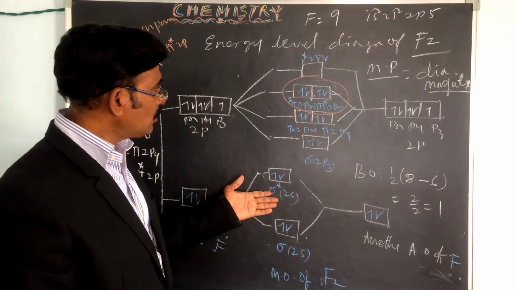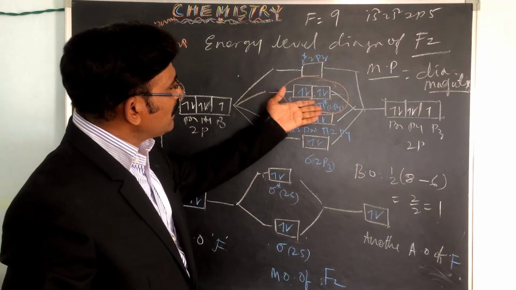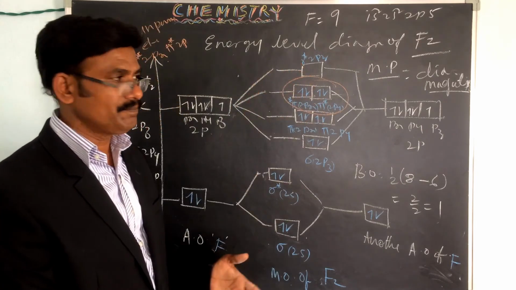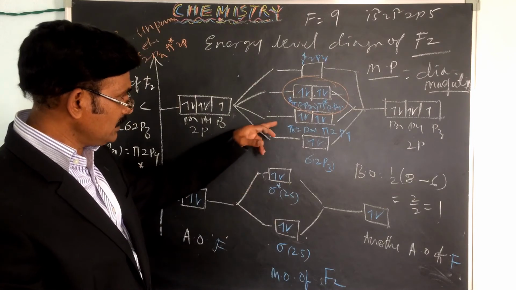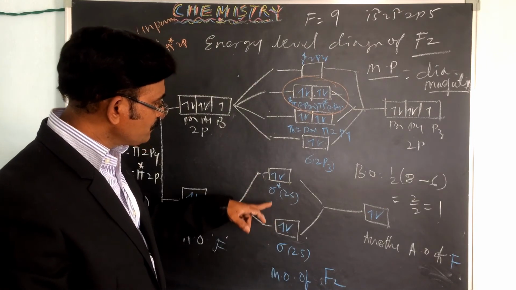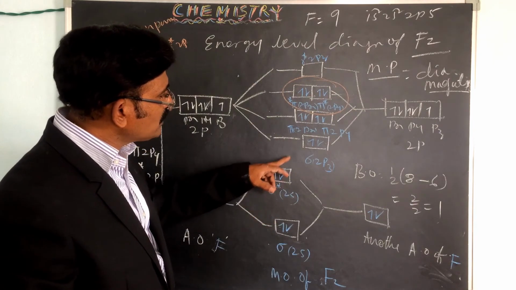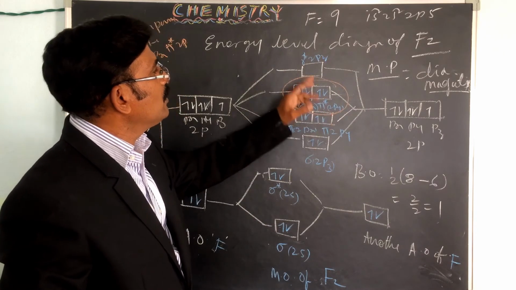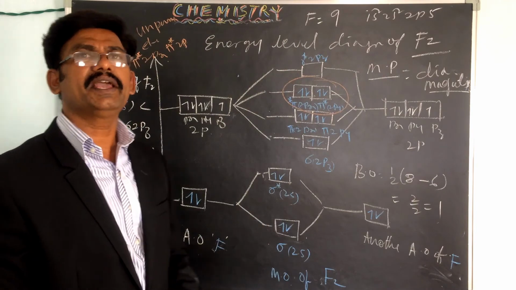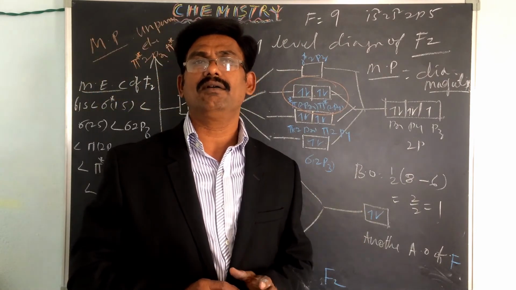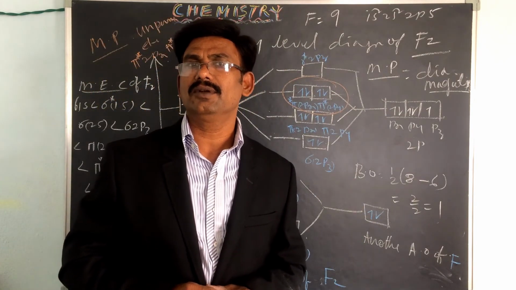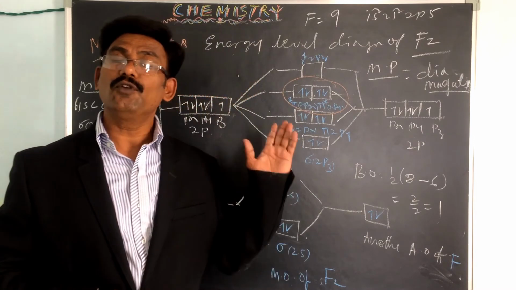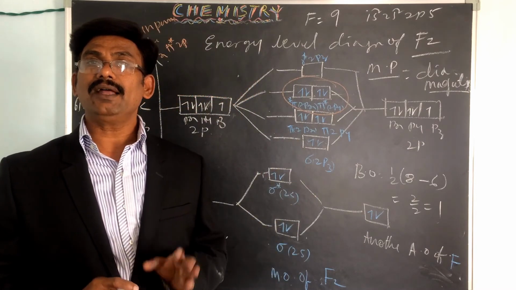Anti-bonding are sigma star 2s, pi star 2py, pi star 2px and sigma star 2pz. Electrons are present in sigma 2s, sigma star 2s, sigma 2pz, pi 2px, pi 2py, pi star 2px, pi star 2py, but not in the sigma star 2pz. Same as in the oxygen molecule. Okay, this is about the fluorine molecule and oxygen.